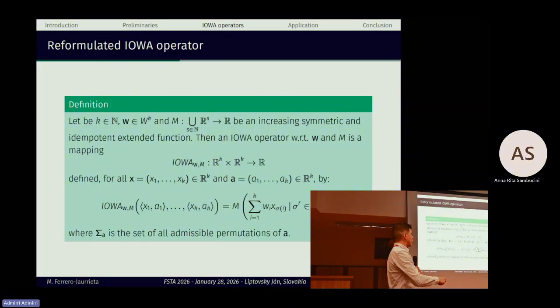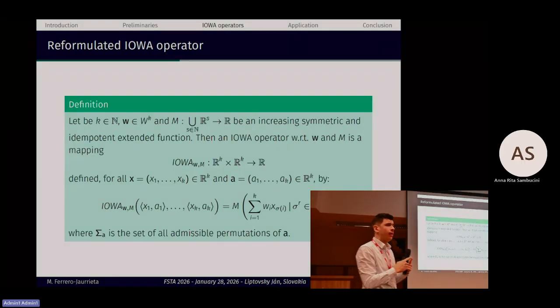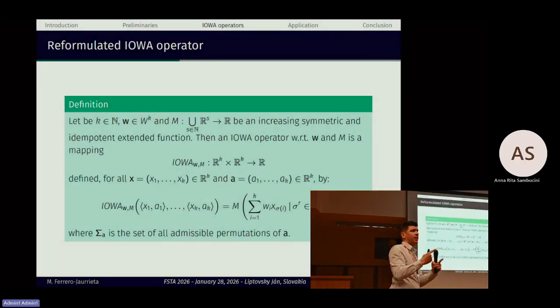Here we take into account all the reverse permutations, the set of all admissible permutations of A, and also, as I'm going to tell you later, in this case, as the values that we are aggregating and also the inducing values are univalued, the set of admissible permutations of A is only the one that takes into account the ties of the values.